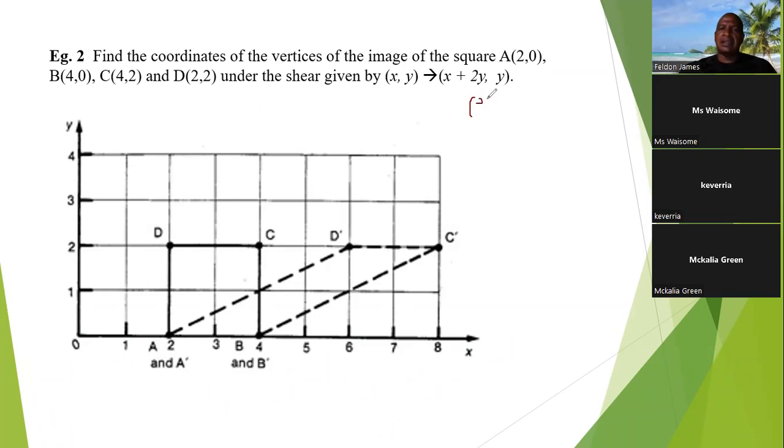So this is x, y, and this will be the pre-image, and this is the image, and the image is, you don't bring back the x, you add 2y to the x, plus 2y.